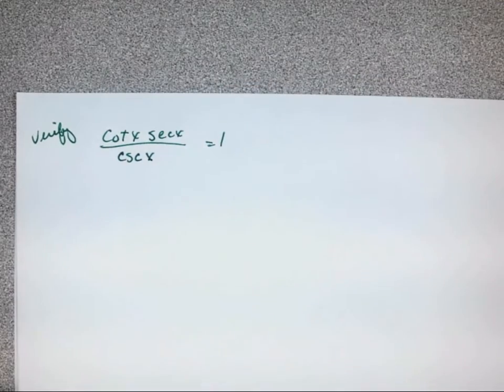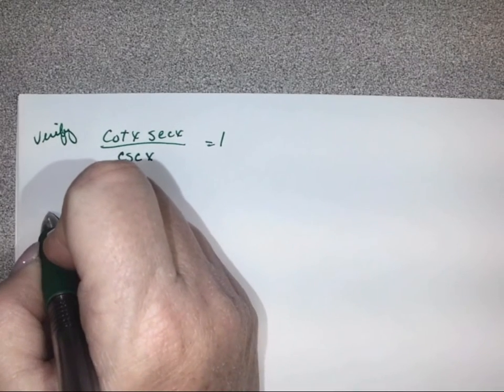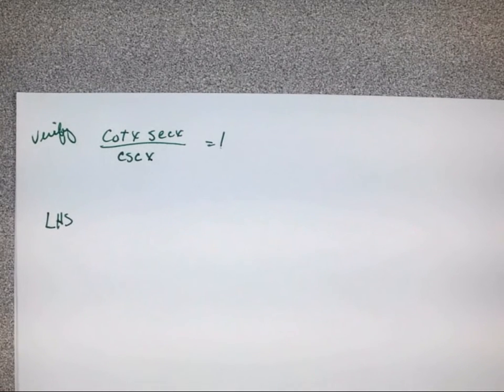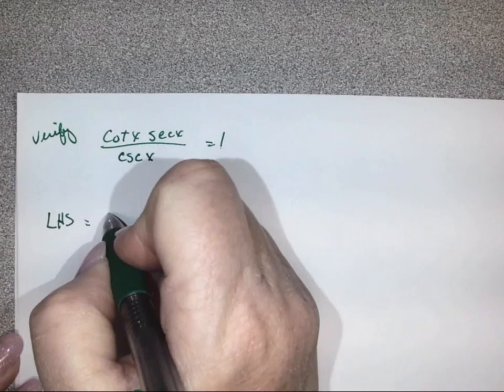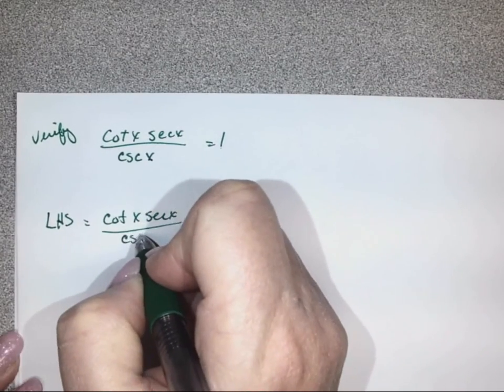And we want to prove it's equal to 1. All right, so let's do our left-hand side, because with 1 there's not much we could do. We'd have to figure out how to even go. So left-hand side's the one we're going to work. So we have cotangent x secant x over cosecant x.